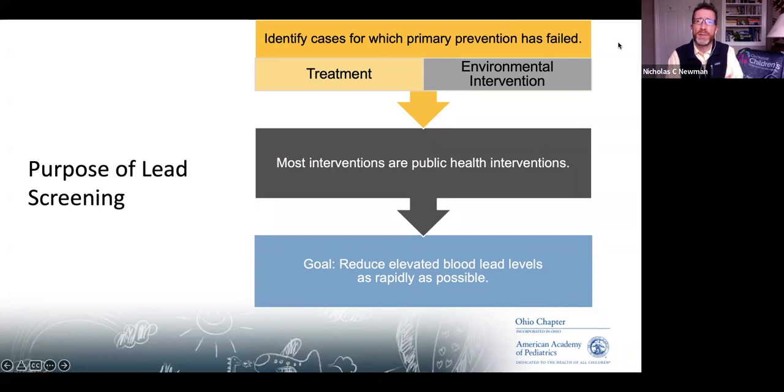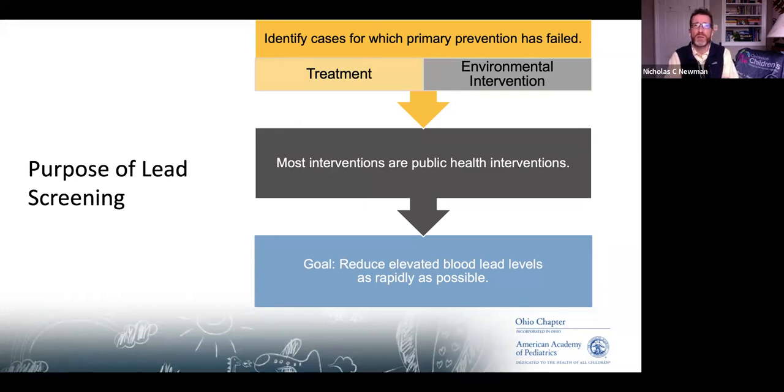So the main reason is we put into effect a whole bunch of different things to prevent kids from getting exposed to lead, because we know it's bad for neurodevelopment and also other organs.